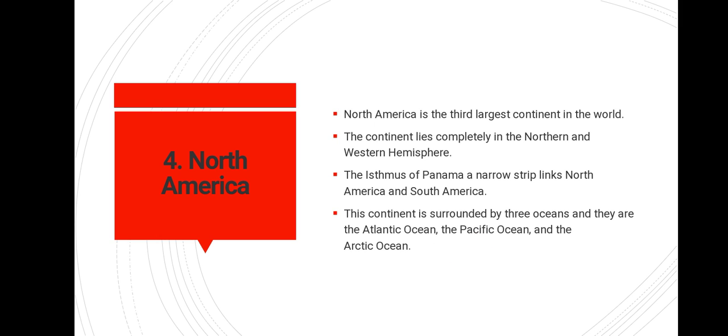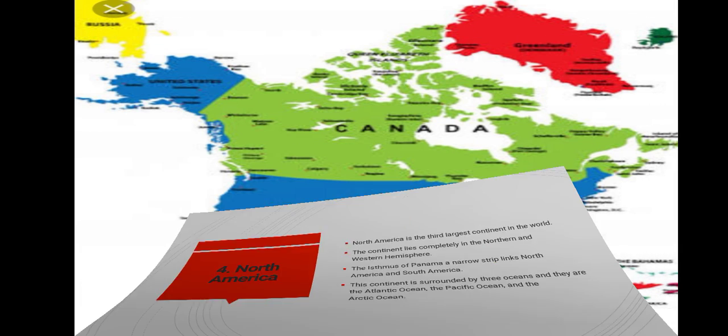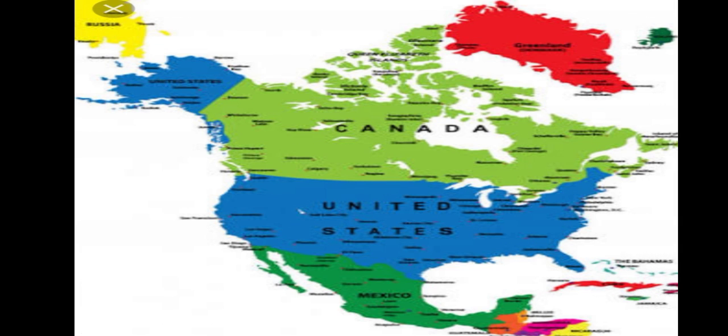This continent is surrounded by three oceans: the Atlantic Ocean, the Pacific Ocean, and the Arctic Ocean in the north. Here you can see the map of North America. Canada, United States of America, Mexico. Here Canada is the biggest one.